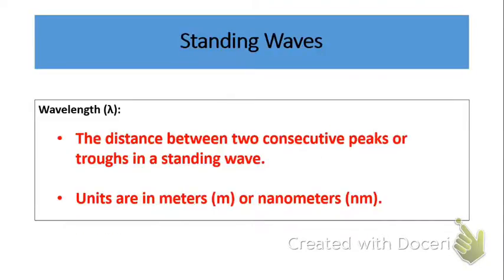Now, we also introduce a vocabulary word known as the wavelength. The wavelength for a standing wave is defined as the distance between two consecutive peaks or troughs in a standing wave. The units that are usually found in standing waves are going to be in meters or nanometers, depending on the distance from wave crest to wave crest.